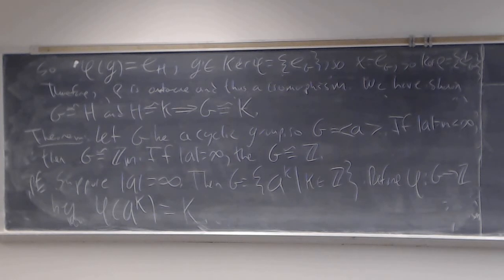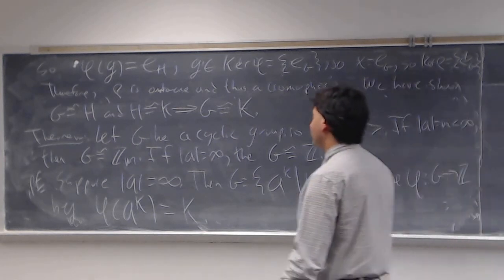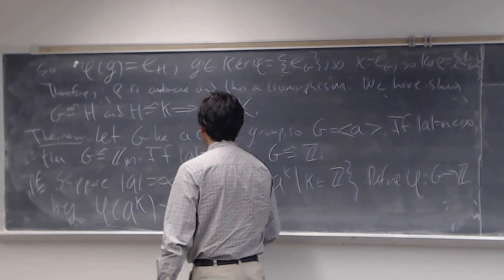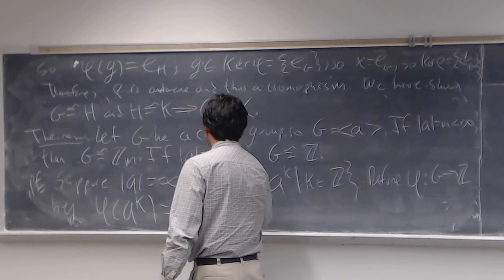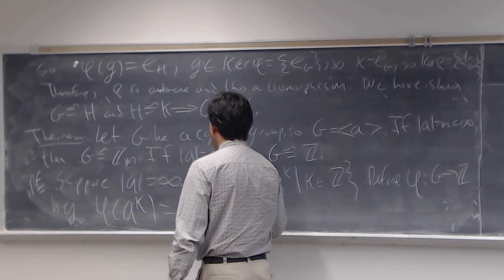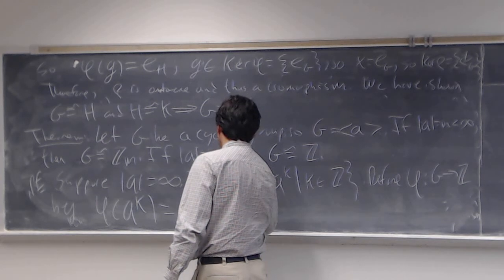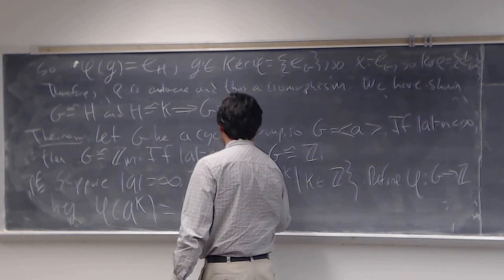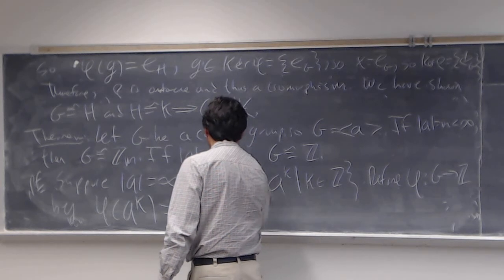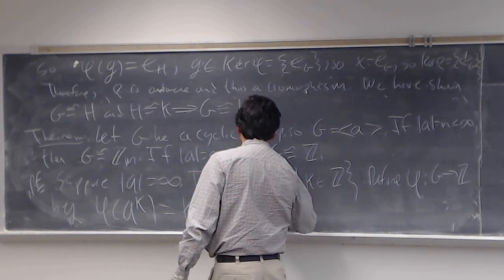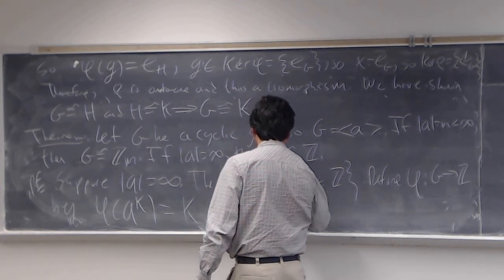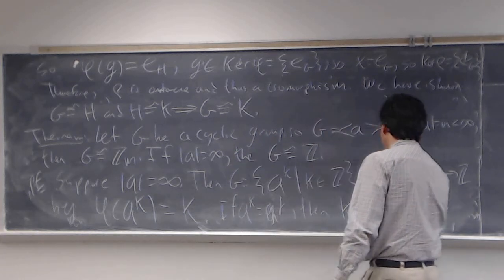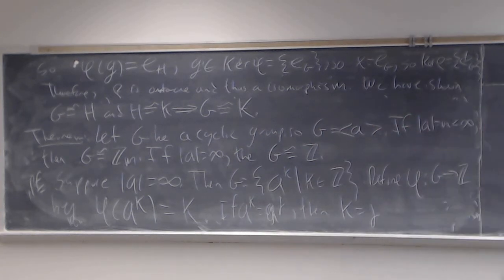So maybe there's a question of, is it well defined? But remember, in a cyclic group, what we can show is that if A to the K equals A to the J, then these two integers are equal.